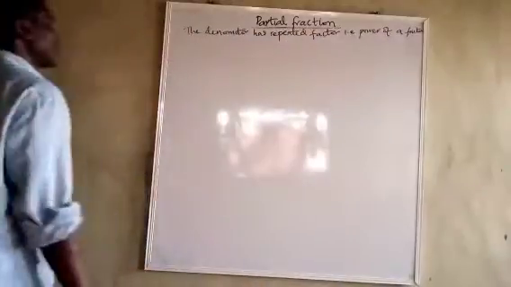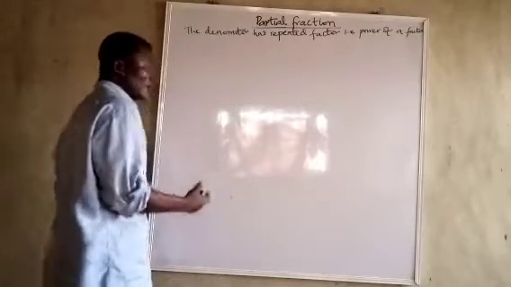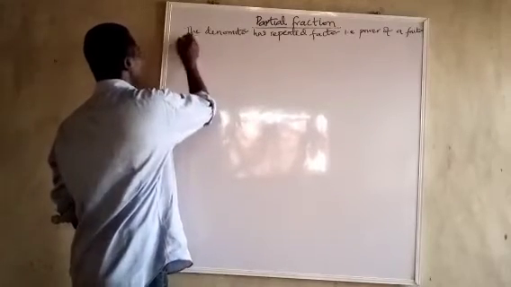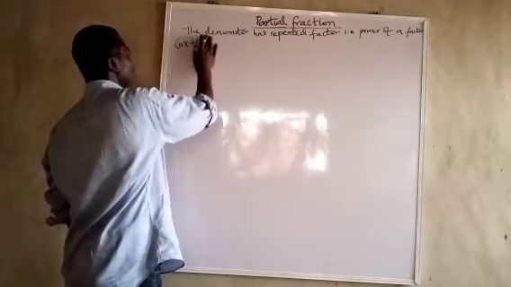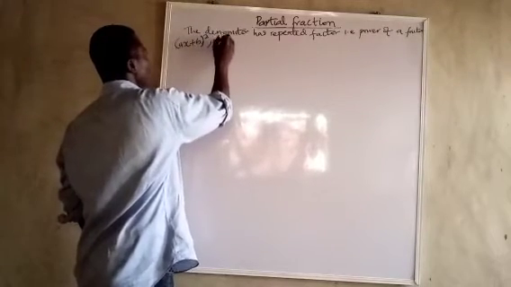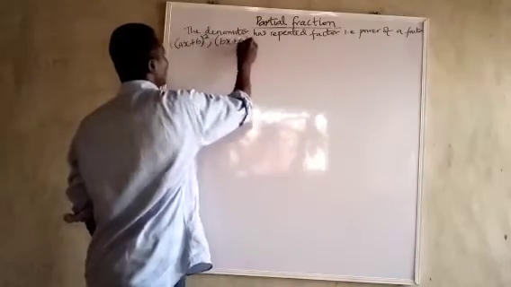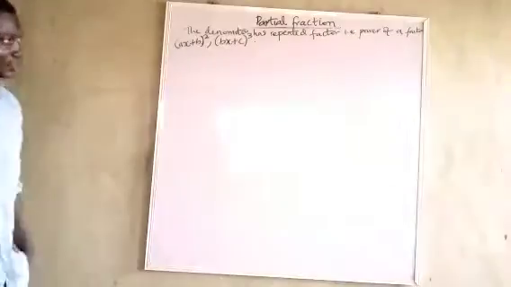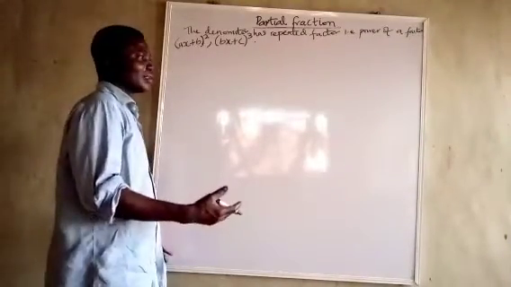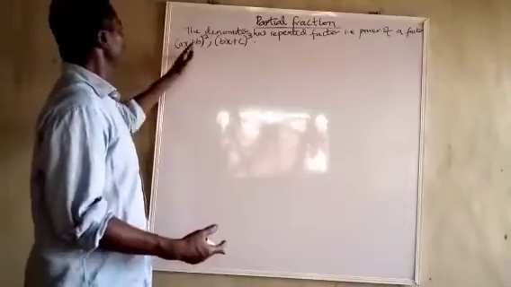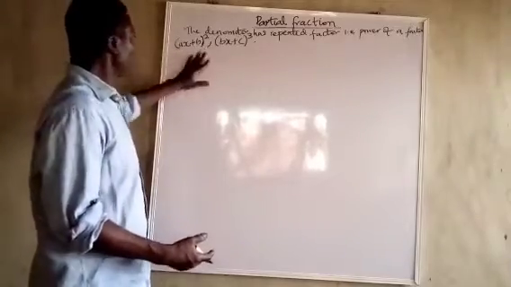And we are talking about when the denominator of the expression has something like ax plus b raised to the power 2, or bx plus c raised to the power 3. We will not leave it like this. We are going to express it as a sum of different powers of the factor.